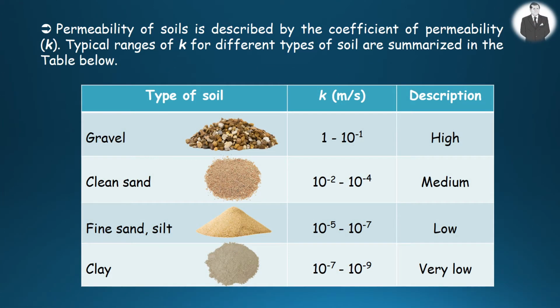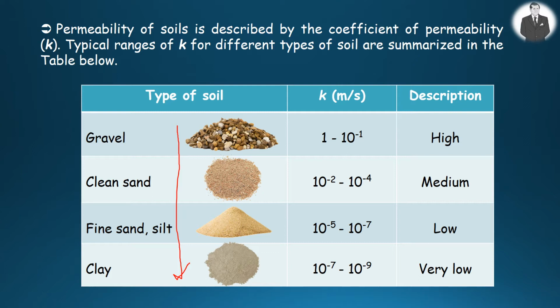The hydraulic conductivity of soils is characterized by the coefficient of permeability. Typical ranges of coefficient of permeability for different types of soil are presented in the table here. Notice that as the particle sizes decrease, the permeability, in other words, the hydraulic conductivity of soil decreases too.